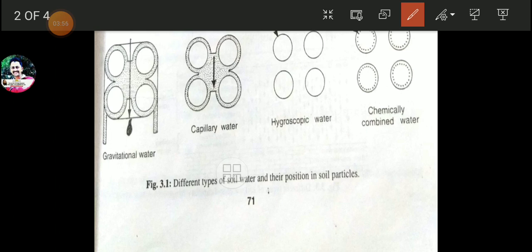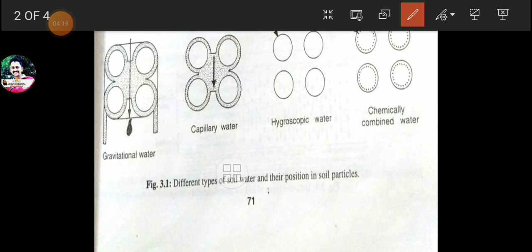First one is gravitational water. Second one is capillary water. Third one is hygroscopic water. And fourth one, chemically combined water.